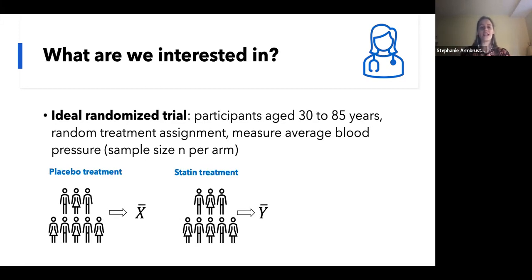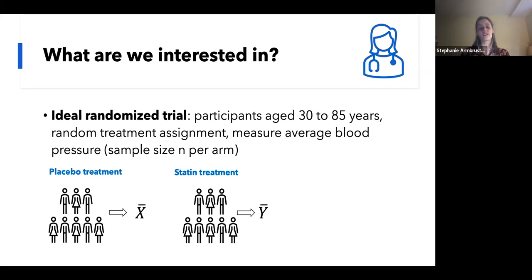Well, first of all, say we have all the resources to conduct an ideal randomized trial. So say we have participants who have been randomly sampled out of the study population that we're interested in. They fit our criteria of being aged between 30 and 85. We randomly assign them a treatment. So one group gets a placebo, the others get statins.